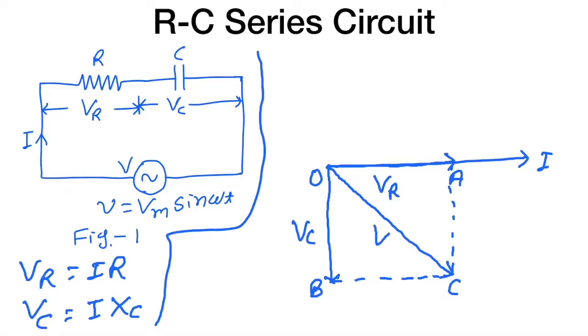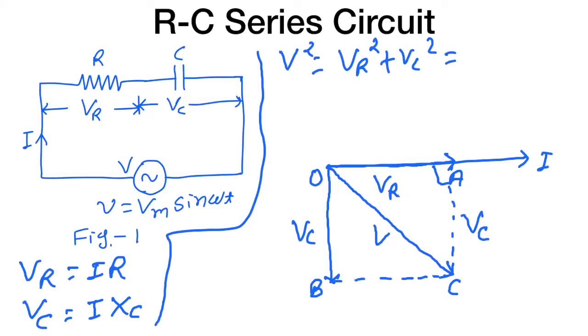Now in rectangle OACB, OB is equal to AC. Therefore, AC is equal to Vc. Now, in triangle OAC, angle OAC is 90 degrees. Therefore, by using the Pythagoras theorem, we can write that V square is equal to VR square plus Vc square.